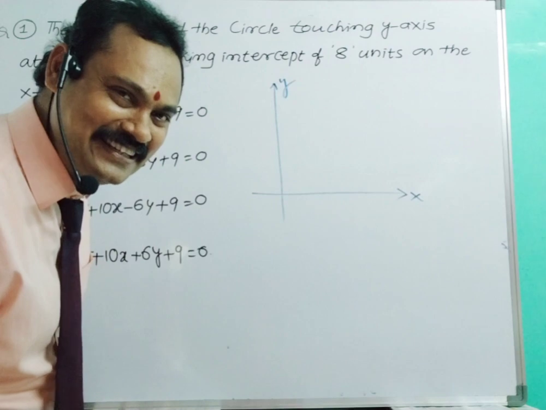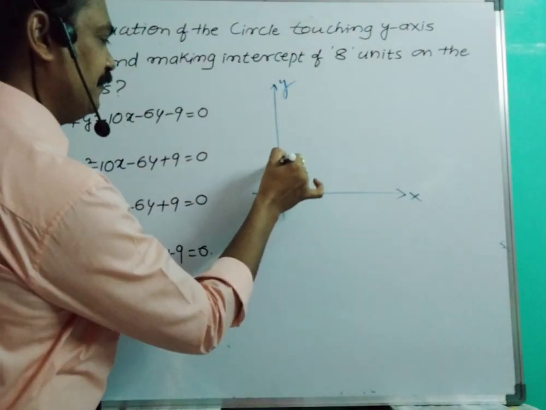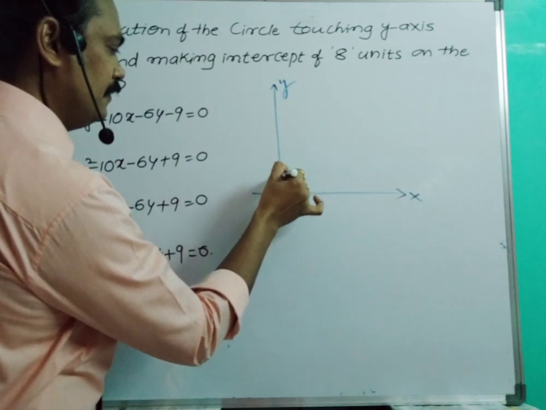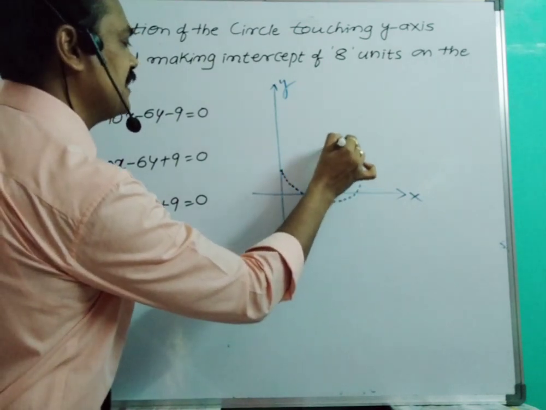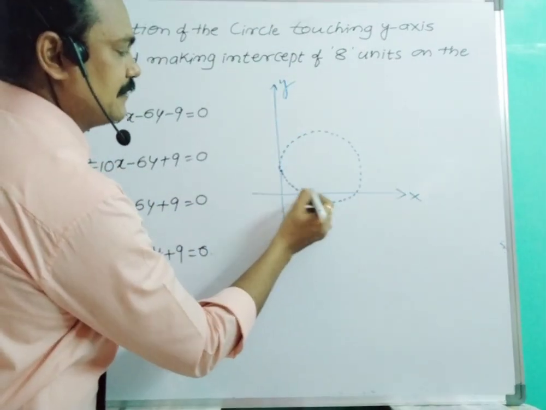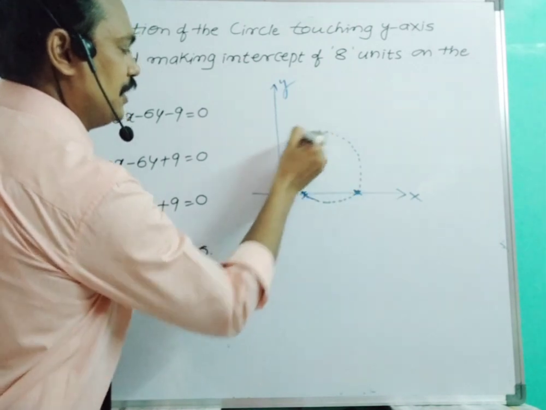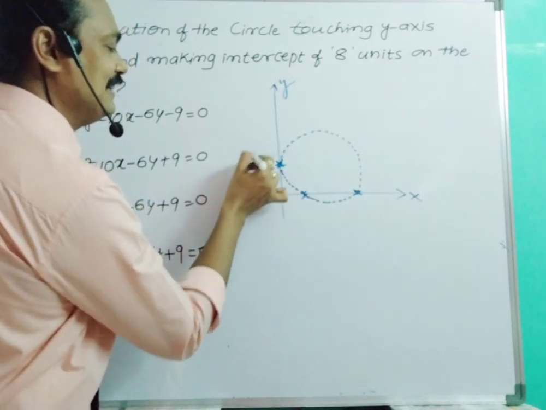Making an intercept of 8 units, right? Okay, observe carefully. This is our circle making some intercept on the x-axis and touching the y-axis at the given point (0, 3), right?